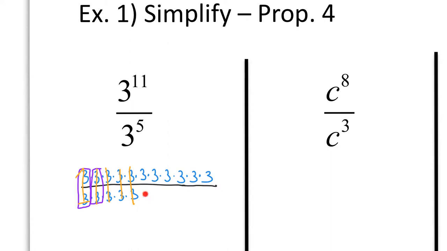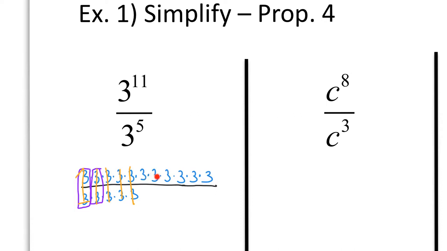So on the bottom, we don't have more 3's to cancel or simplify the 3's on the top. So that's what we have left. On the top of the fraction, we have 3 times 3 times 3 times 3 times 3 times 3. Now, if you use an actual exponent, count how many 3's you have. How many times are you multiplying the 3 by itself?